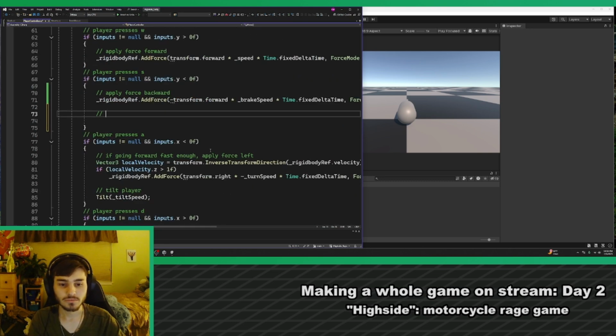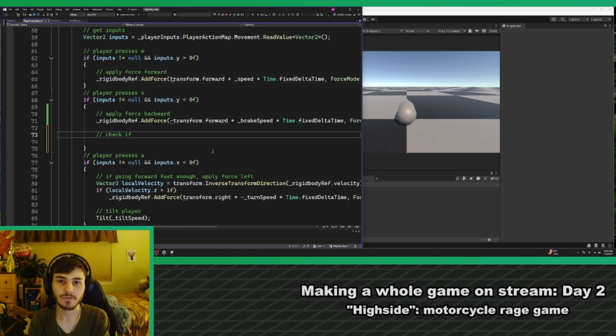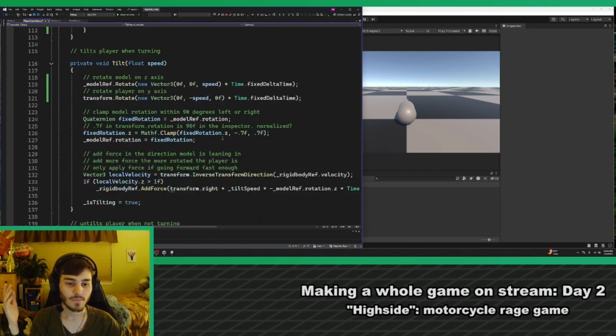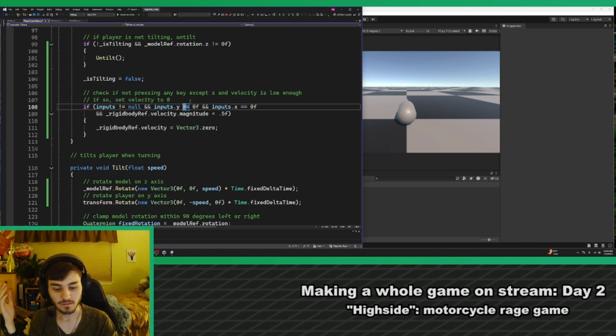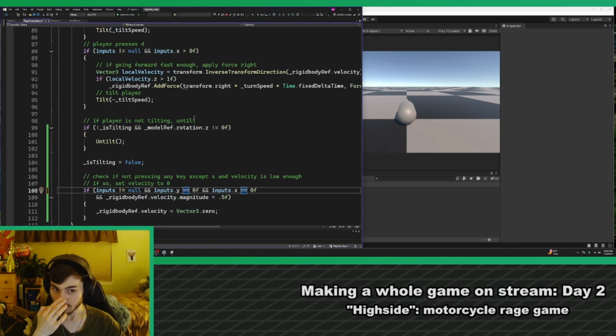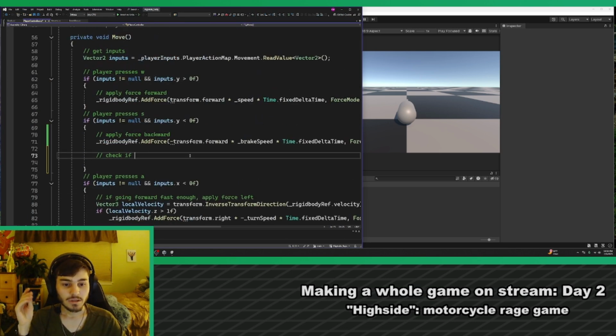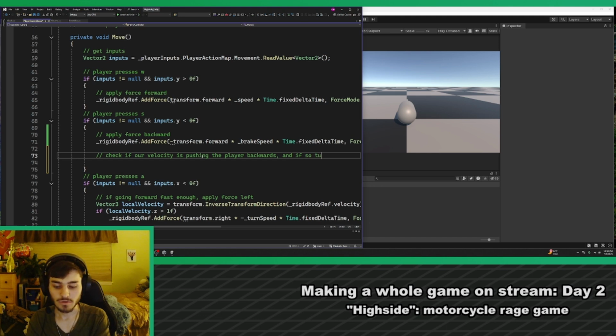We are going to check if, let's go ahead and keep this at 0. Check if our velocity is pushing the player backwards. If so, turn it off.